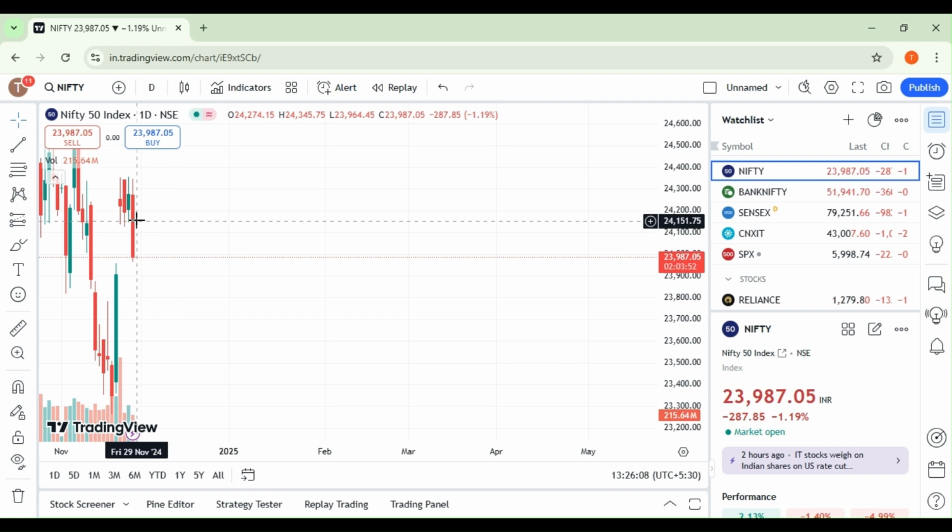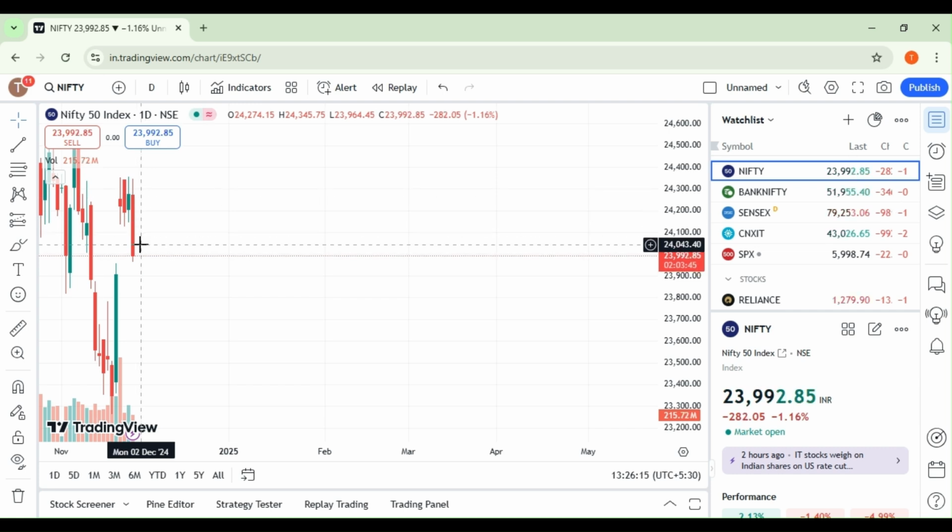Here the open price is the starting of the body, the close price is the ending of the body, the high price is the head of the entire candle, and the low price is the tail. So this is the OHLC representation in a candlestick format. I hope you have understood.